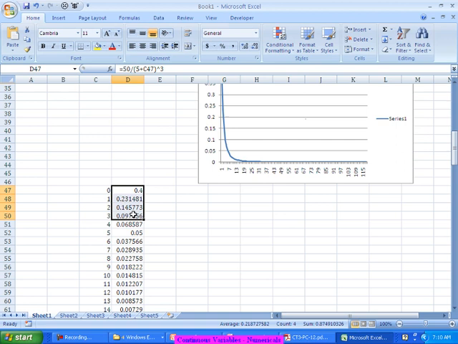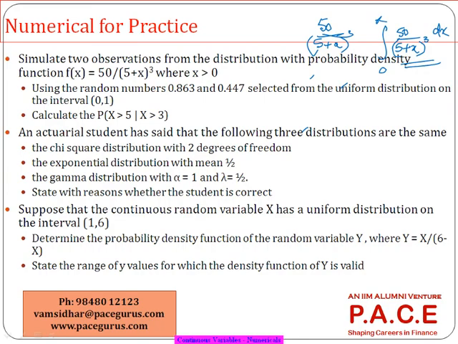If for x equal to 3 or something, the area has come out to 0.86, then it means it is following more or less this kind of shape only. So randomly we are taking some numbers, assigning them to this distribution and trying to find the corresponding values of our x.